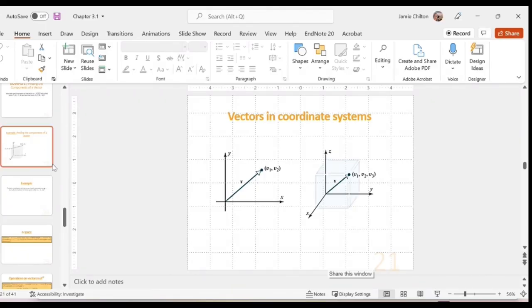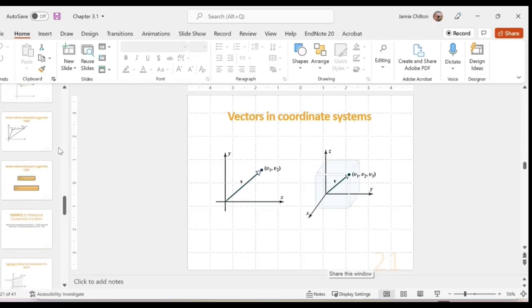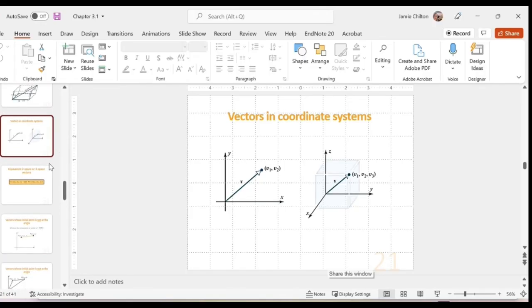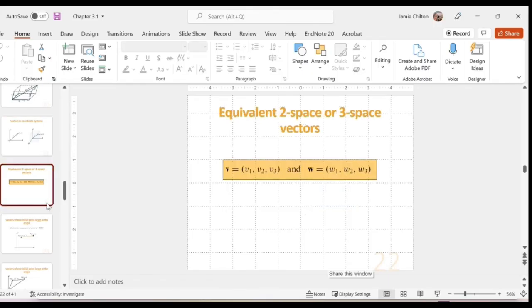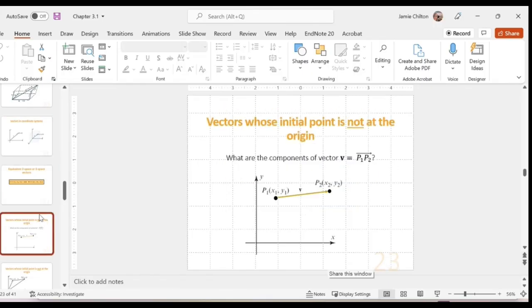The next thing we want to go over is, what if we run across a situation where the vectors don't have an initial point at the origin? What if you have this vector that's just hanging out here in 2 space? Its initial point is not at the origin.